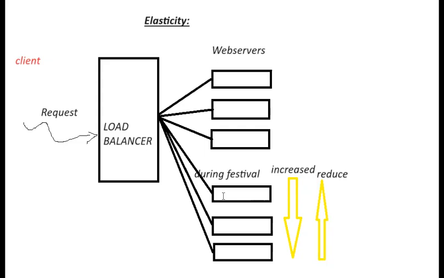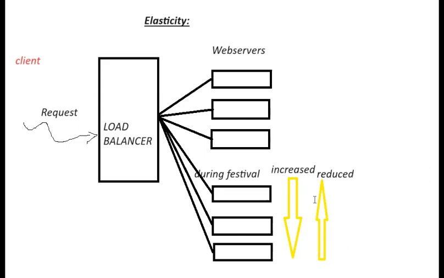So what is this increasing and decreasing? What is this increasing of web servers and this reducing of web servers? Do we call it anything? What do we call this in cloud?